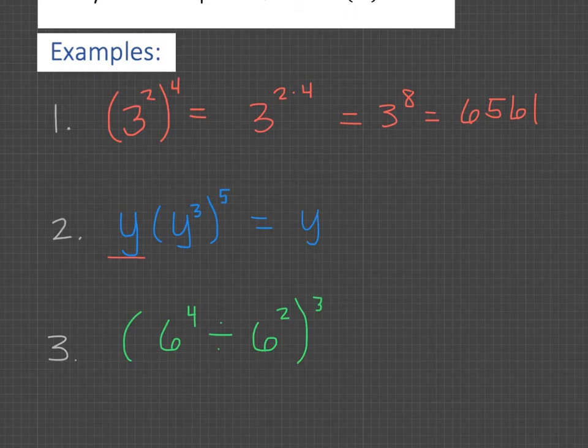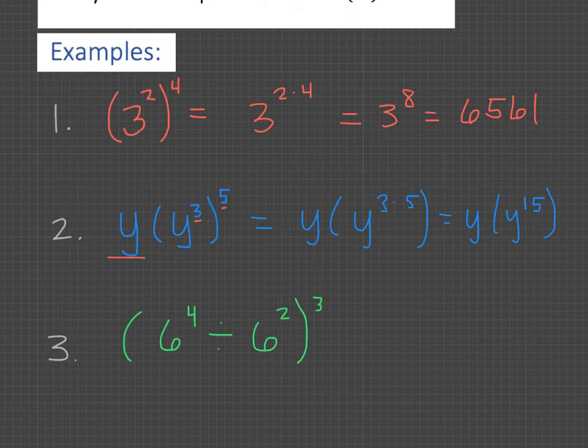But we do have this other y that has an exponent to an exponent. So we're going to multiply those exponents together. So 3 times 5, that's 15. So we have y times y to the 15th.